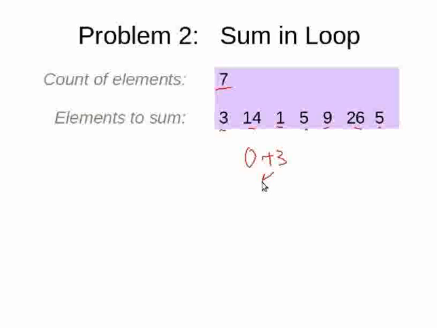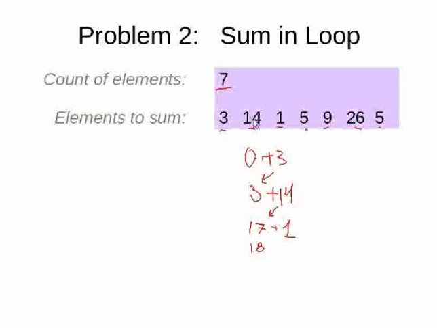Here it is 3. 3 plus the next, 14, is, I think, 17. So we remember 17 as the next current total. 17 plus 1 is 18, and so on. We continue until we get the result, summing all of these values.